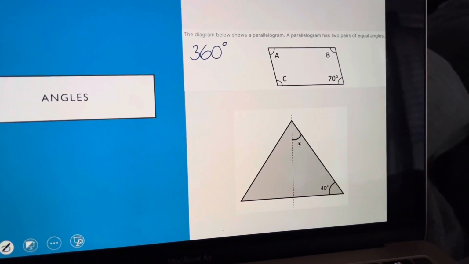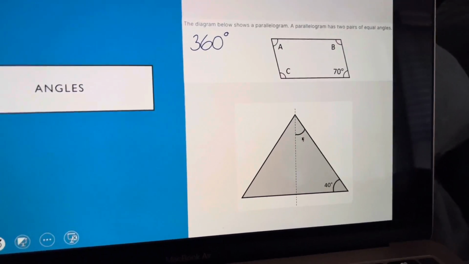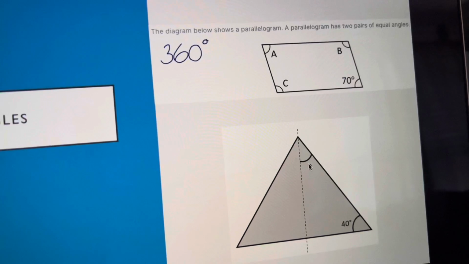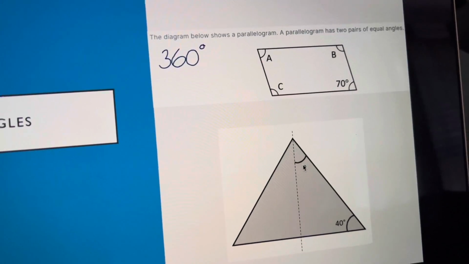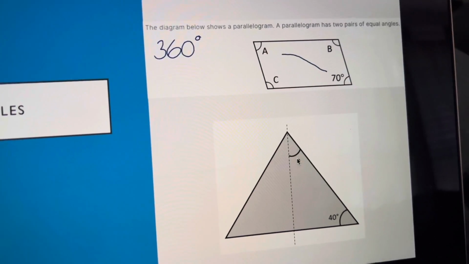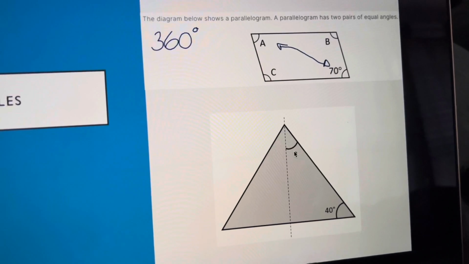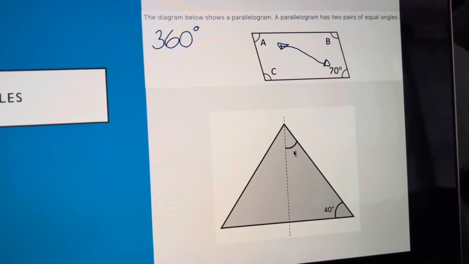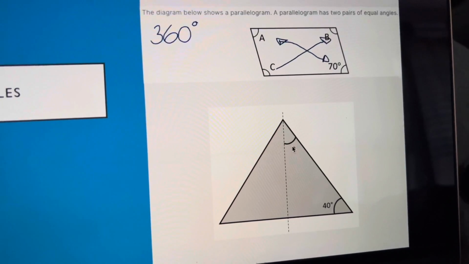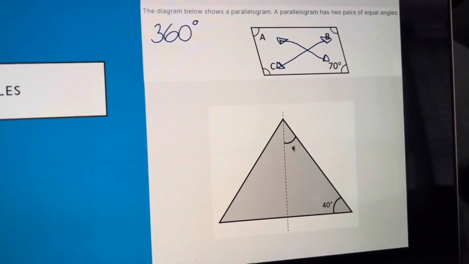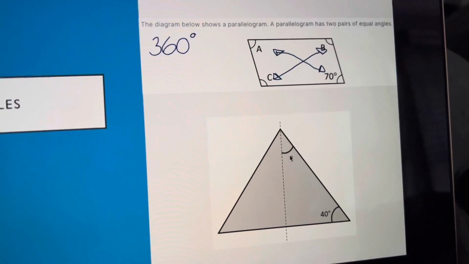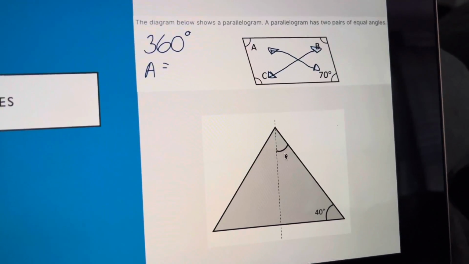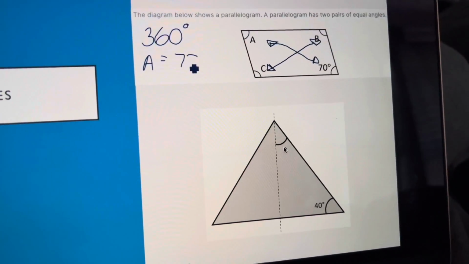And we've got 2 pairs of equal angles. So although it's not to scale, we couldn't literally measure it. When it comes to a shape like this, we're looking at opposite angles. So these two are the small ones and the other two are the wider ones. So we're going to use that information to help us find our missing angles. So if the opposite angles are equal, then A must also be 70 degrees.